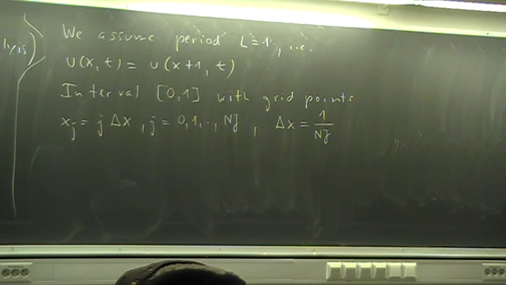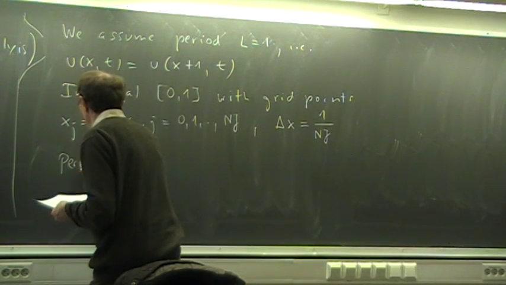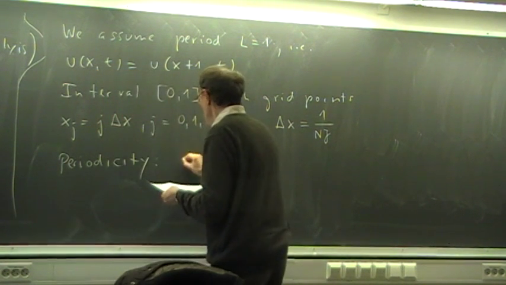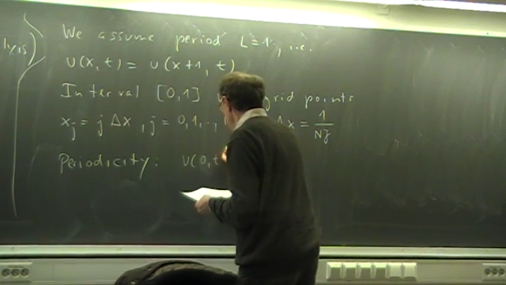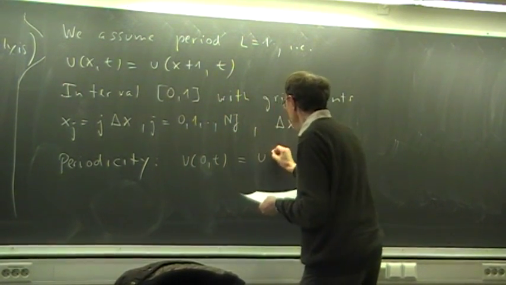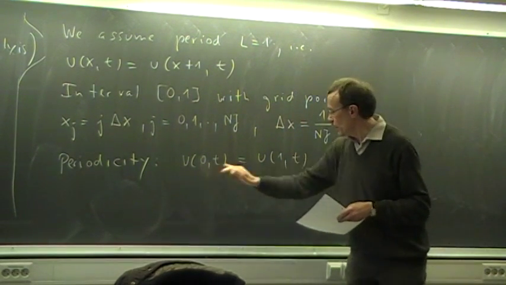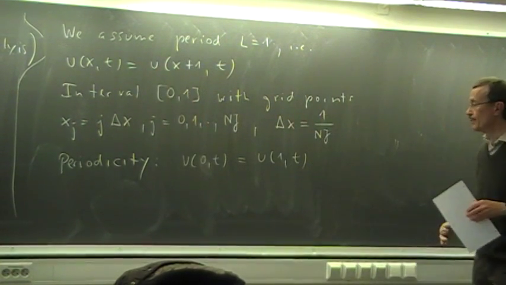And the periodicity at the boundaries means, in that case, that u of x equal to 0 at any time t is equal to u of 1, t. So you see here the period. So we apply simply this here at x equal to 0.